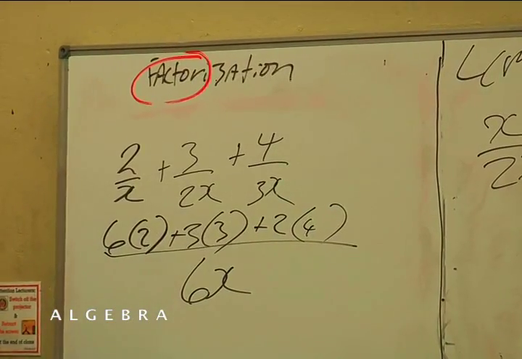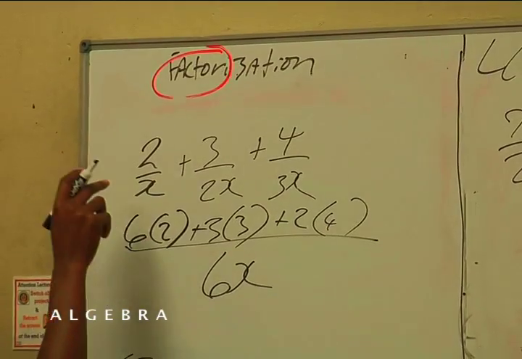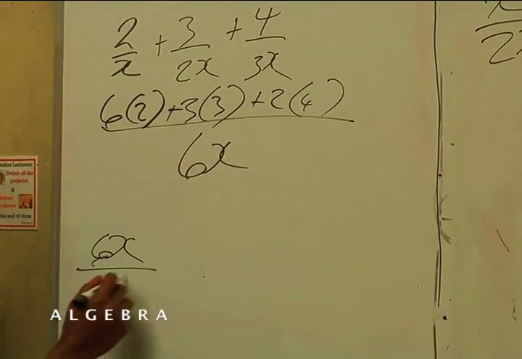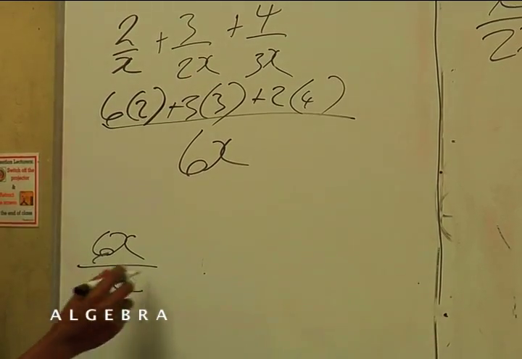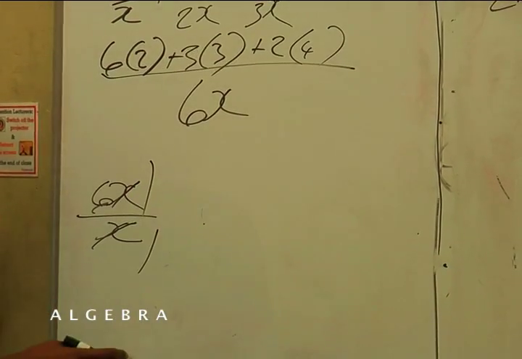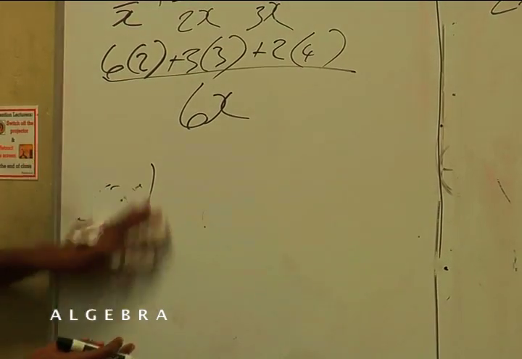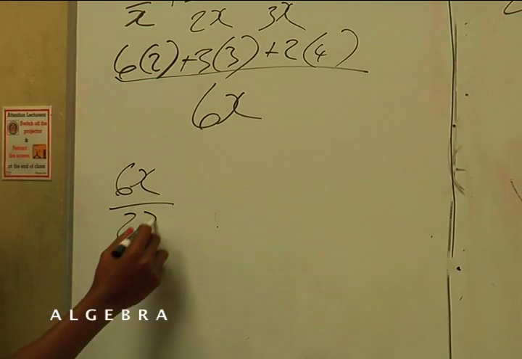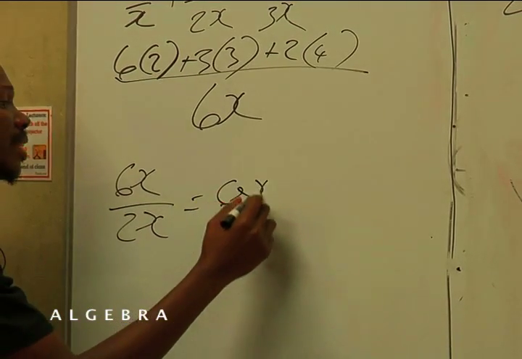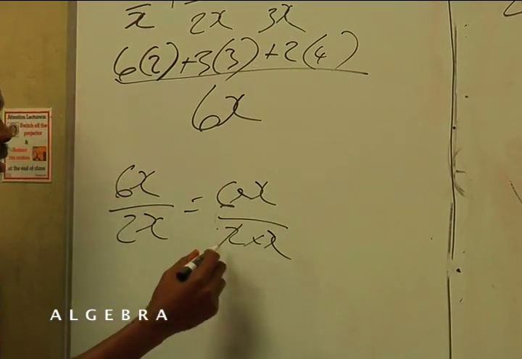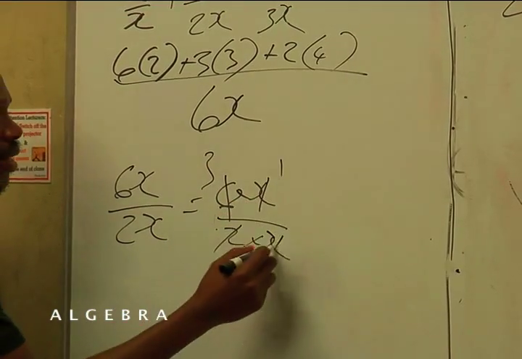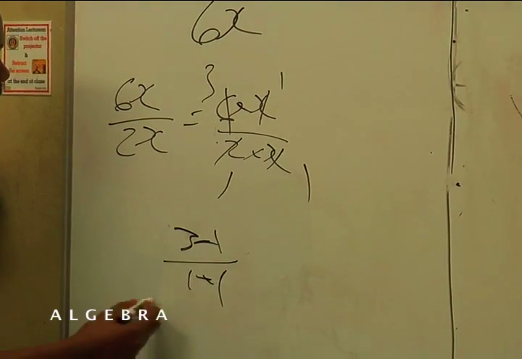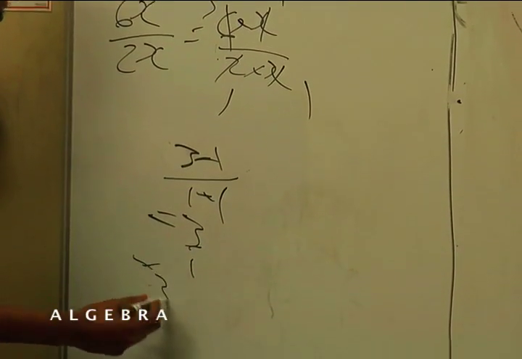When you say x into 6x, you're saying 6x over x, x1, 1, 6. 2x into 6x, 6x over 2x, 6 times x, 2 times x, 3 times 1 over 1 times 1 equals 3 over 1 equals 3.